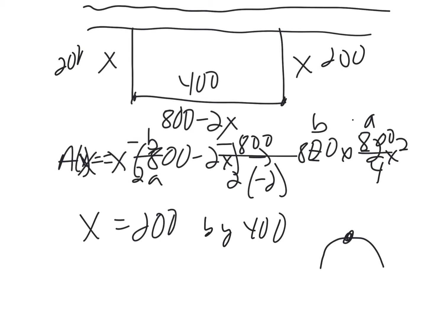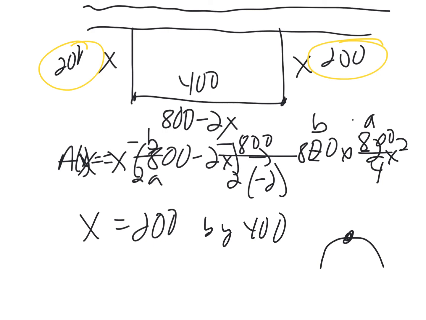So that's doing algebra. What if we want to do calculus? And the other thing I want to say is that this is always a quarter of the total amount of fencing, this always works in this ratio. So really nothing surprising with these fence bounded with a river problems.